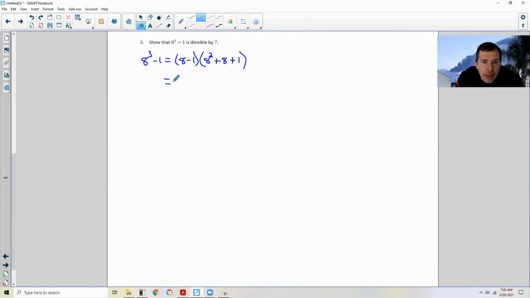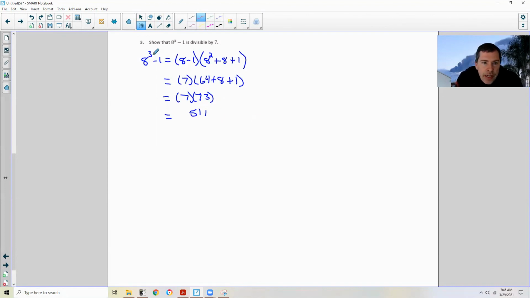So that is going to equal 7 times 8 times 8 is 64 plus 8 plus 1. 64 plus 8 is 72 plus 1 is 73. So I get 7 times 73, and 7 times 3 is 21. 7 times 7 is 49 plus 2 is 51, 511.